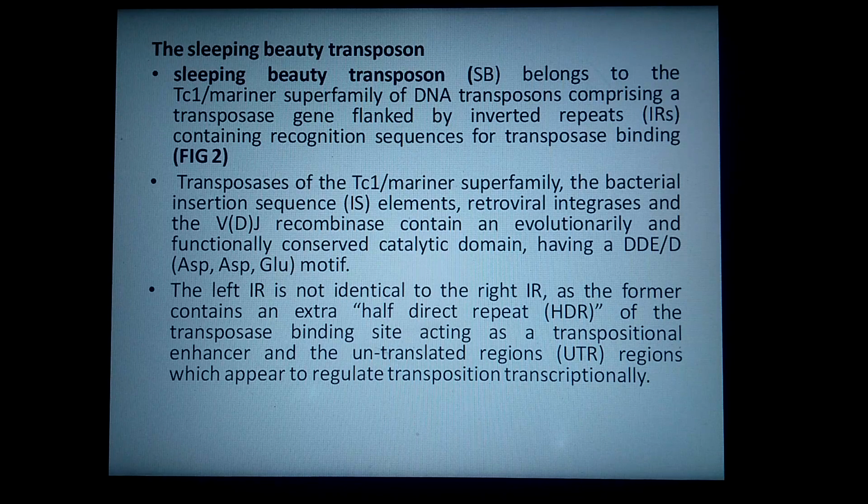Each IR unit of these elements is 200 to 250 base pairs in length and possesses two transposase binding sites known as direct repeats, that are 29 to 32 base pairs in length.